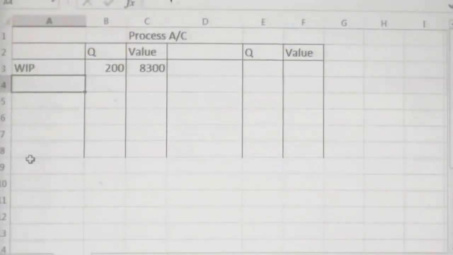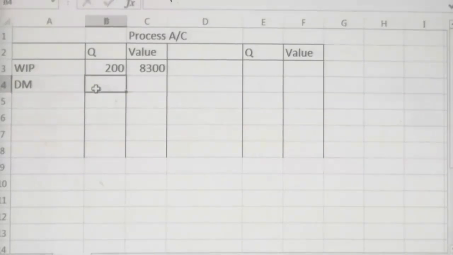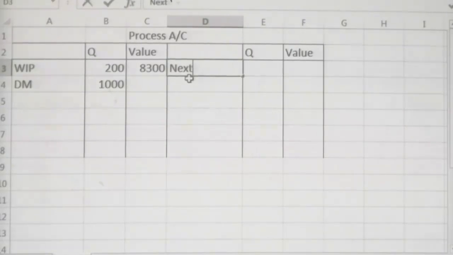Therefore, you can say direct material 1,000 units. You don't know what is the value, but you know here to next process.